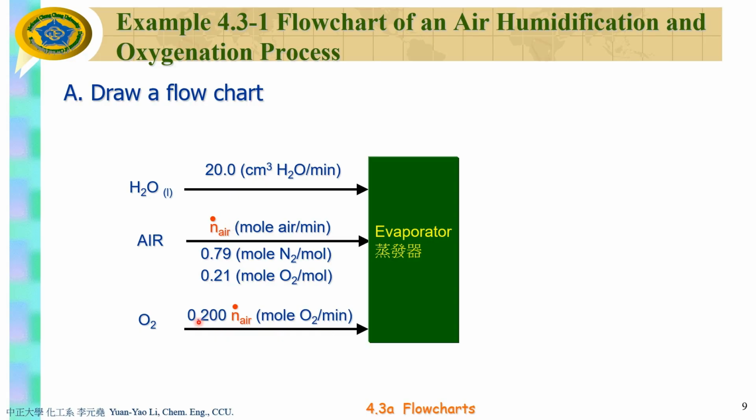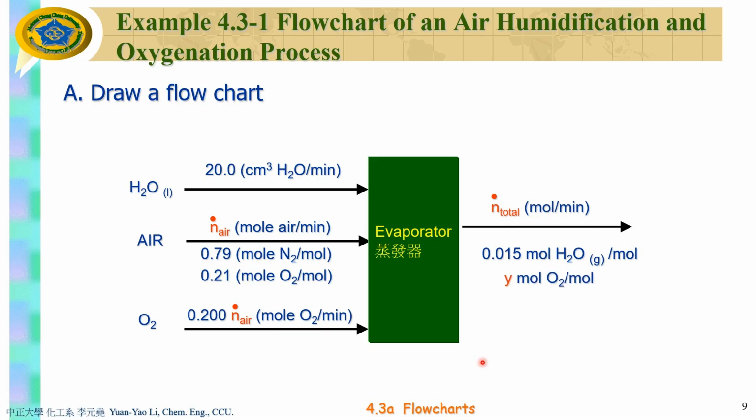So you know that this is 20% of the air, like this. So these two unknowns are the same, right? Okay, so you have one stream out. As you know from the sentence, you have 1.5% of the water in the output stream. And then you have an unknown total output.